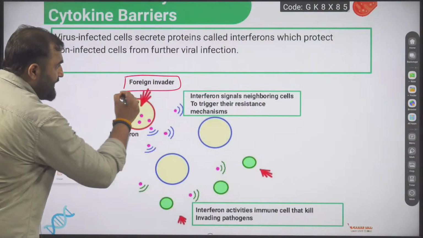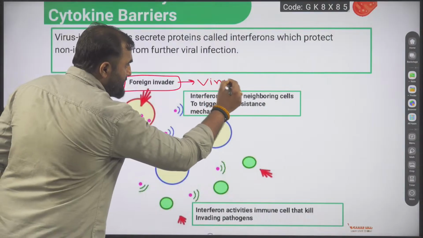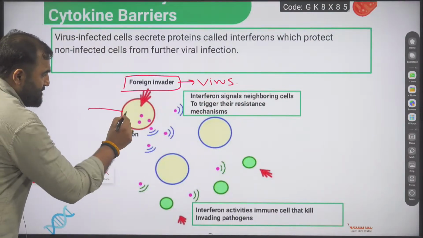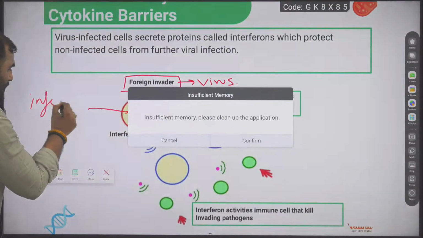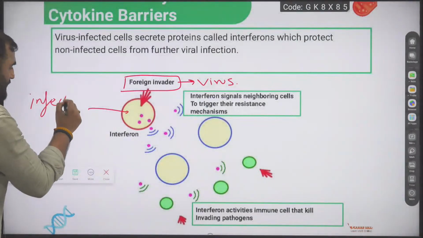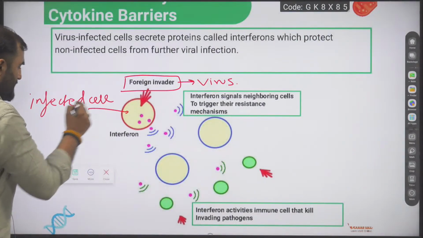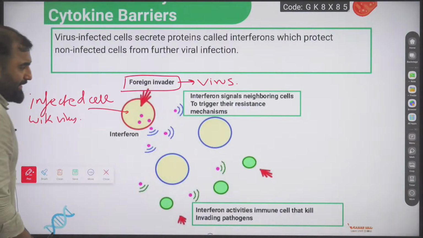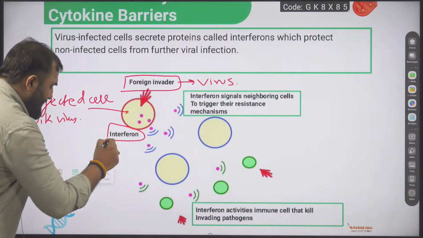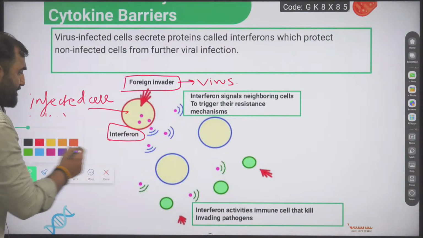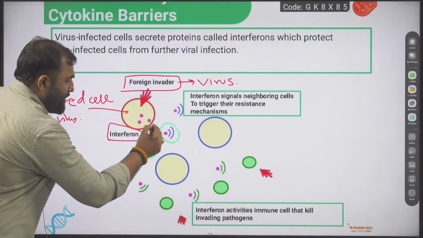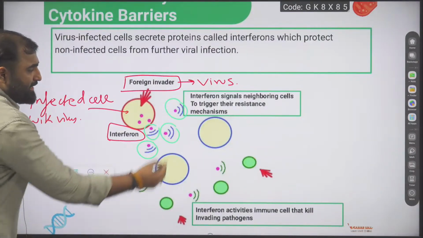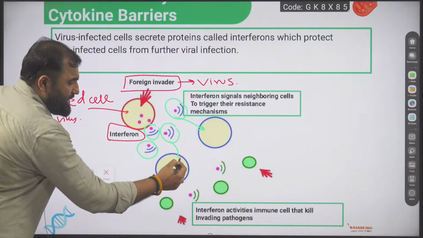Foreign invader means virus. This has infected this cell. Right? Now what has this virus infected cell released? It has released the interferons. These interferon chemicals will protect the non-infected cells.